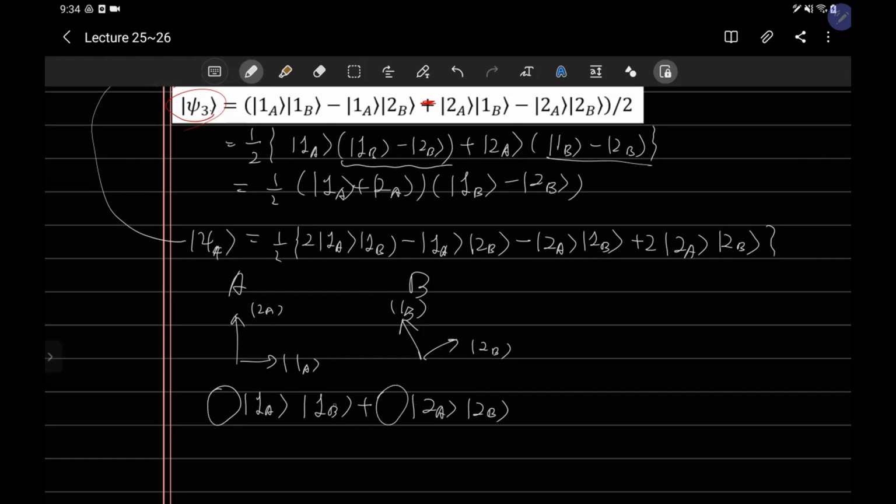These two coefficients don't have to be the same, or have the same sign or same phase. Whatever value you have, that doesn't matter. The point is, there is no mixture of this 1A with 2B or 3B.